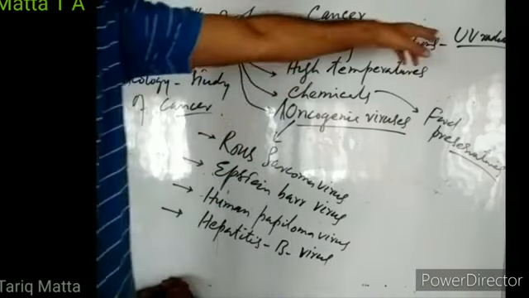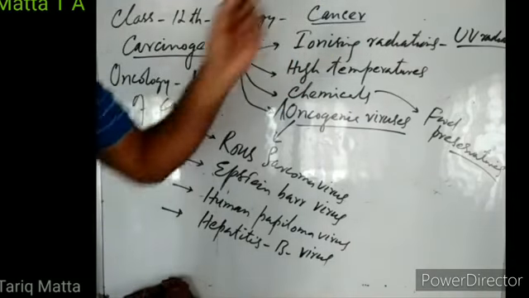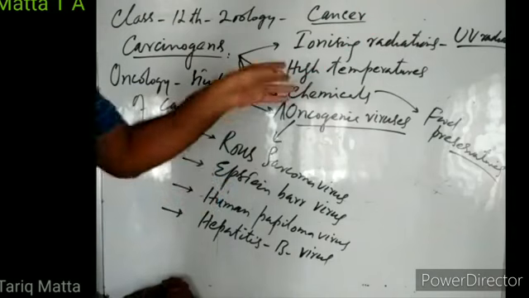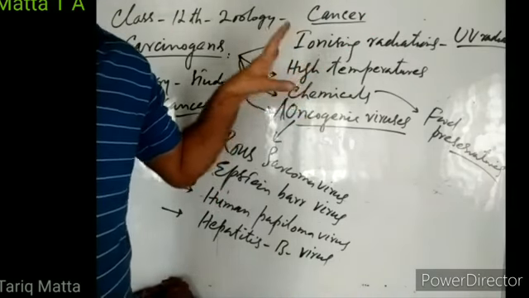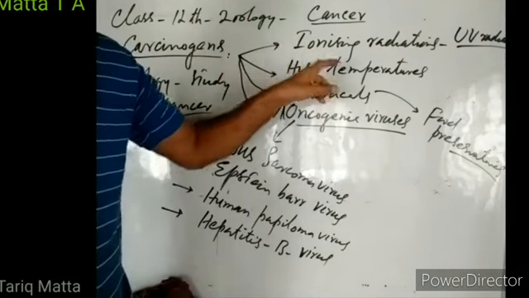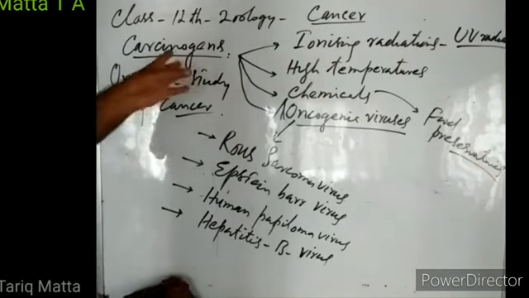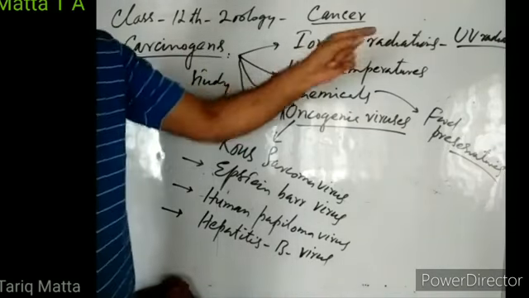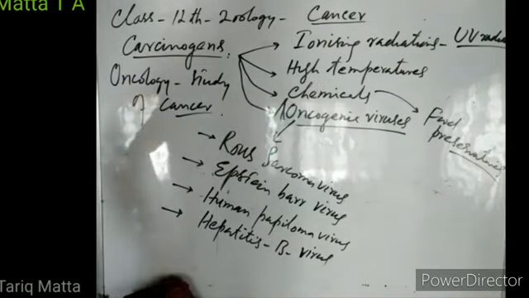Those persons who are exposed to harmful radiations of the sun develop skin cancers, right? Those persons who are working in high temperatures, this high temperature can disrupt our genetic material, and these high temperatures can also cause cancers, right? So these are mostly the causes of cancer: ionizing radiations, high temperatures, chemical compounds, and oncogenic viruses which cause cancers, right?